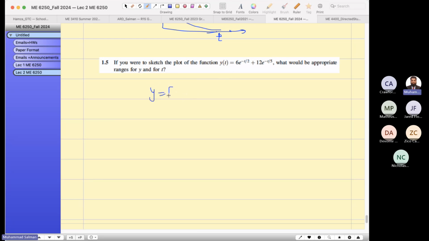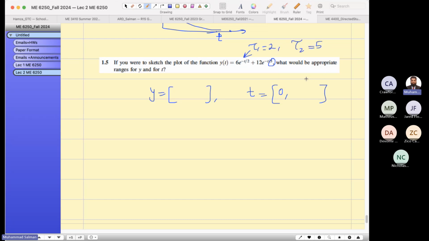For time, starting from 0, you will pick the maximum time constant. Suppose this is tau 1, which is 2, and tau 2 equals 5, correct?